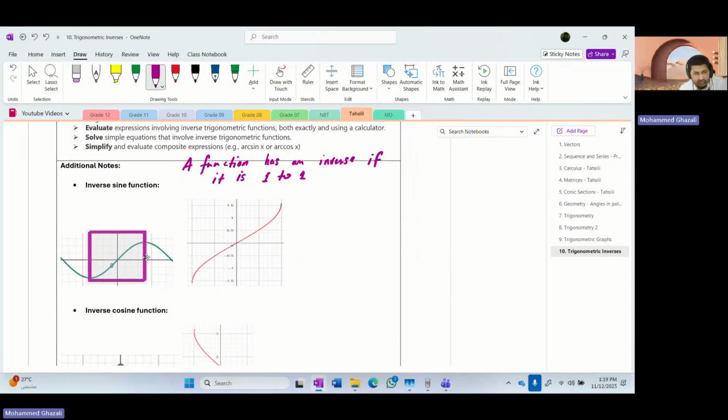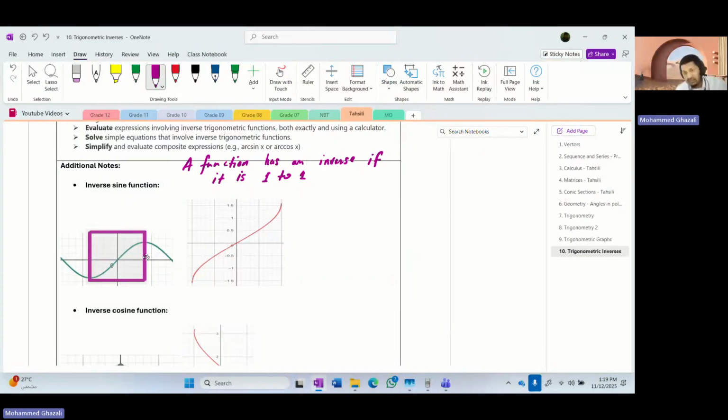Now, the 3 points on F are negative pi by 2 and negative 1, 0, 0. Remember, the more points you take, the better the curvature of your graph will be.